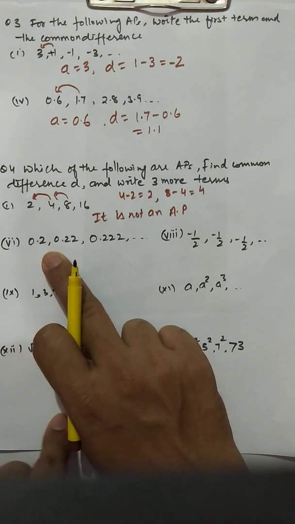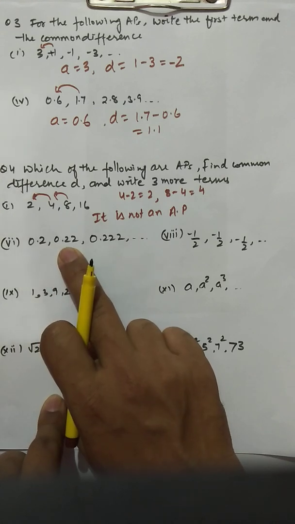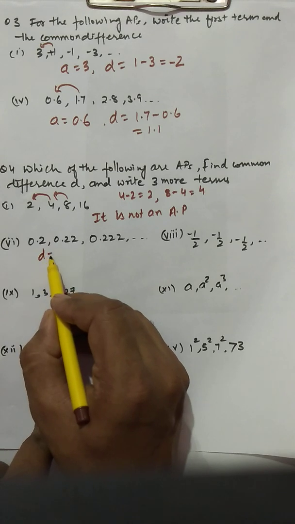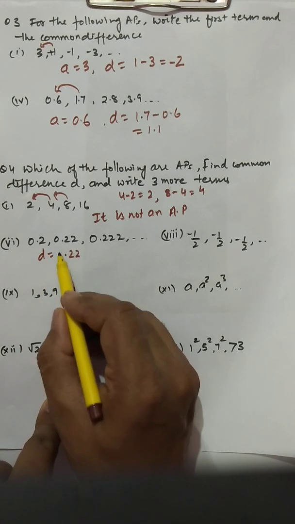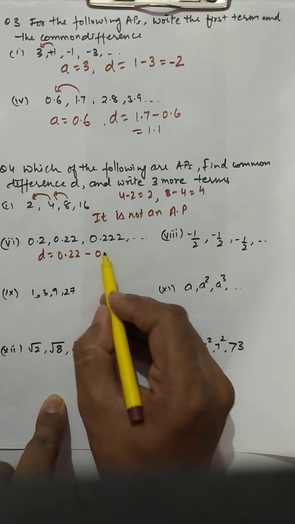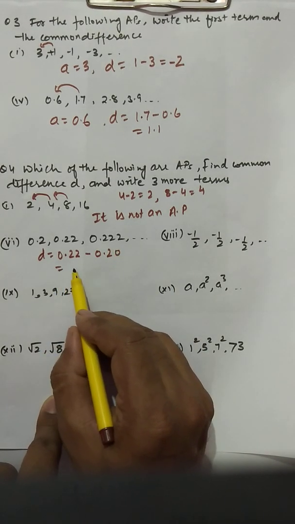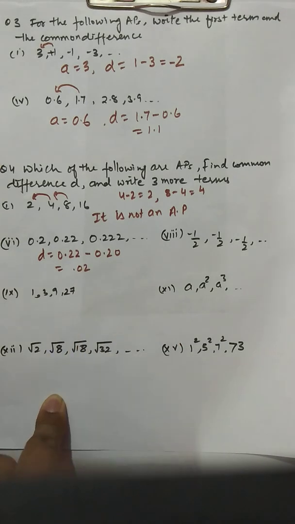Now come to this: 0.2, 0.22, 0.222, like this. So again, if I want to find the difference, this is 0.22, and minus you do 0.2, and you can write 2 from your side. So this is going to be 0.02, right?